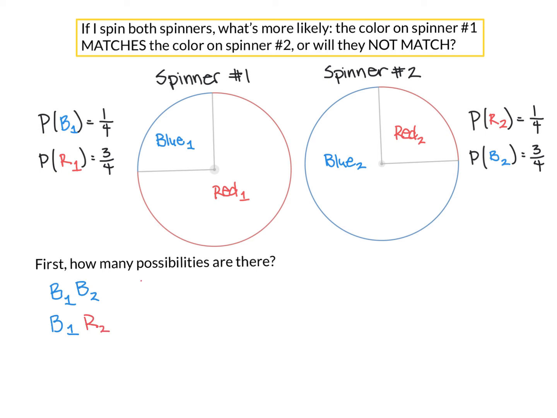I could, of course, get red 1 to begin with, in which case I could end up with red 2, or I could get blue 2. So these are my 4 different options.